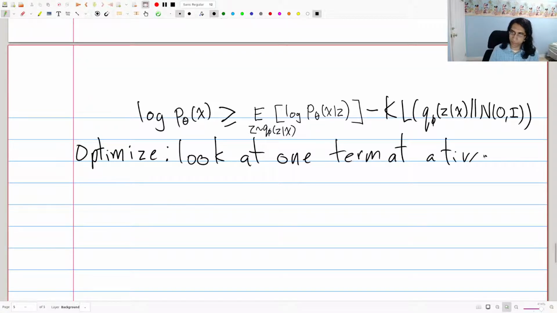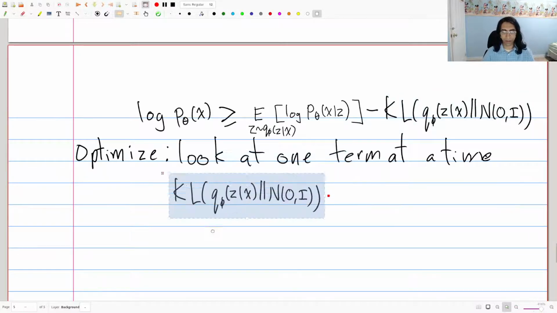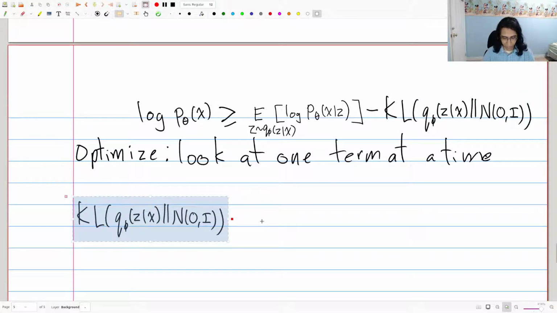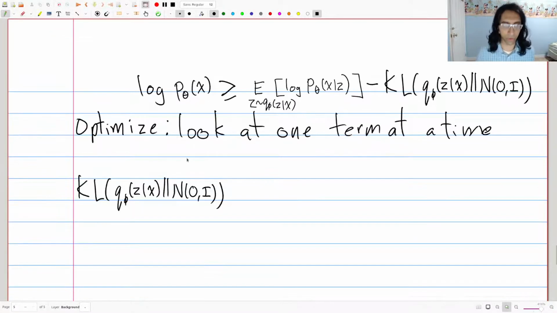So let's, for example, start by looking at this term on the right, this KL divergence. We haven't talked much about KL divergence in this class, but the fortunate thing is that we have some nice expressions for it. First, let's expand this a little bit, because we actually know what this distribution looks like.